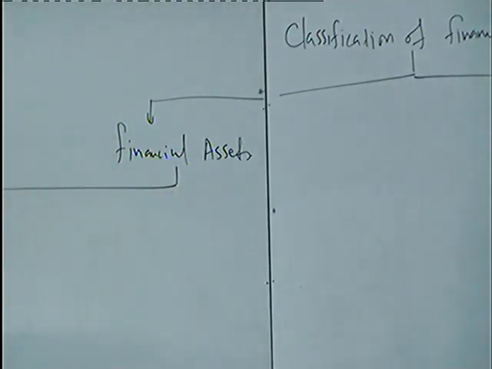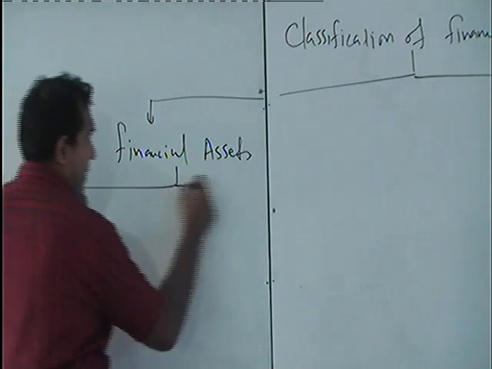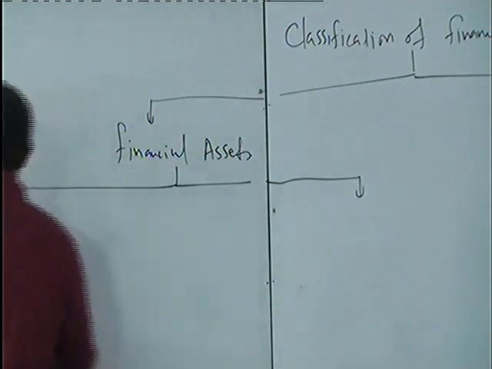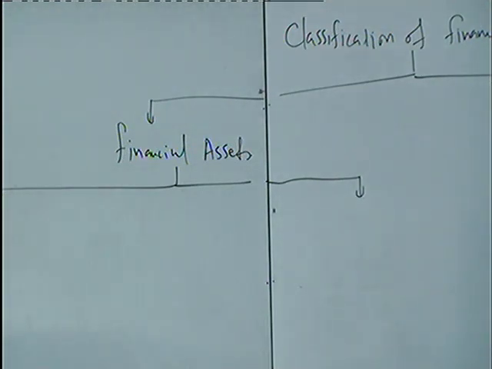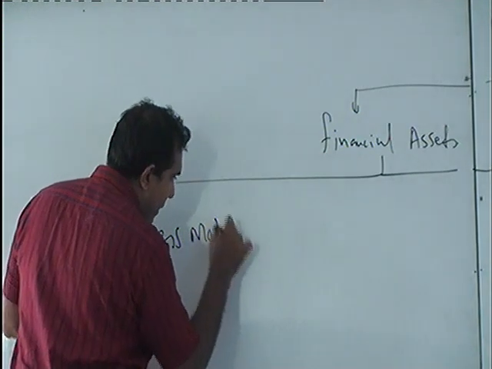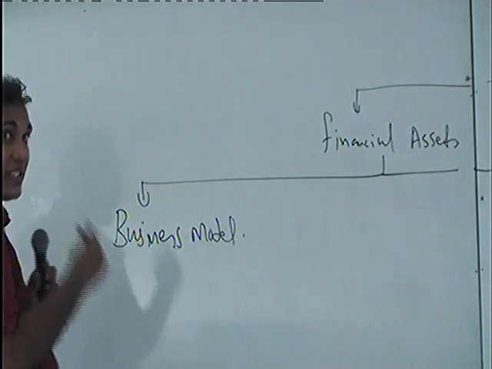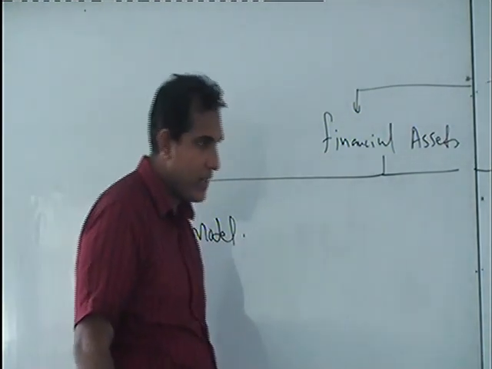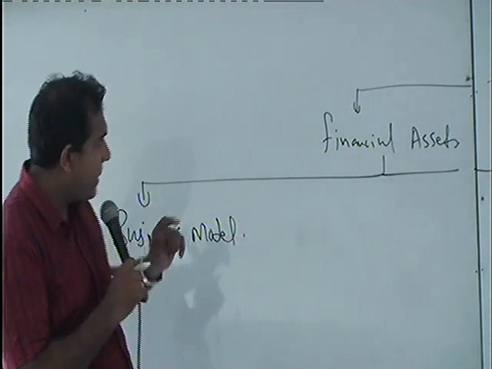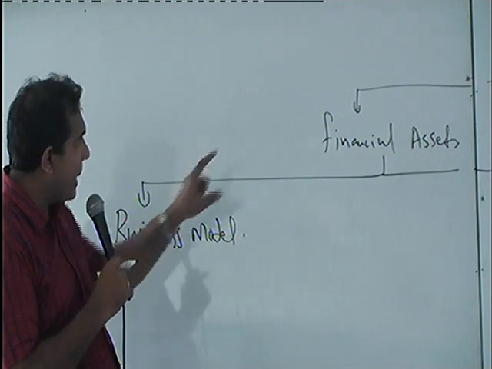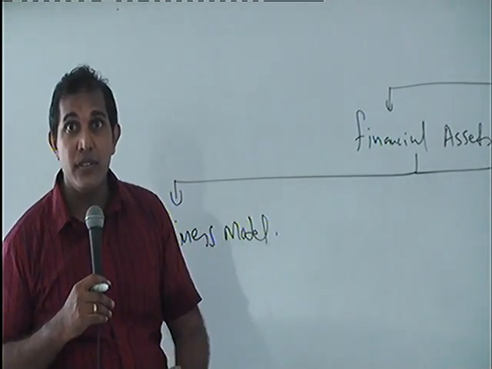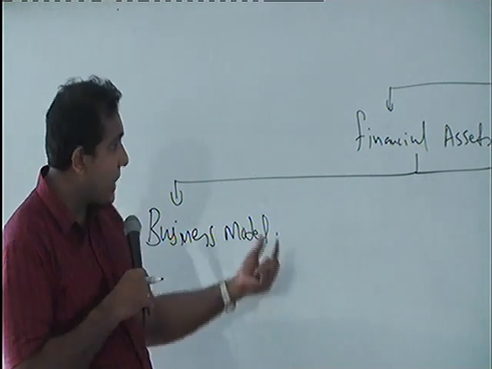Okay. So now we are here, financial asset classification. Basically there are two things to be considered. First one, business model. We need to look at the business model. In the business model, we keep the financial asset in order to contractually collect money.